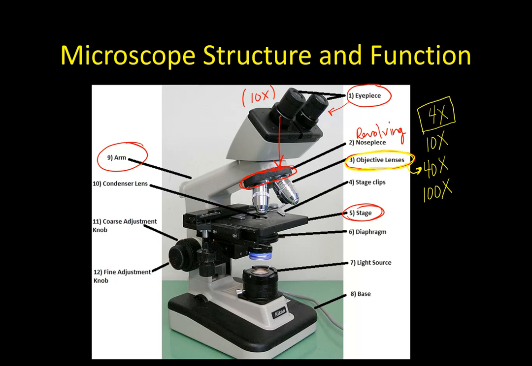In the video with the cartoon, you saw the stage knobs here. They basically move your slide front and back, away from you or towards you, and side to side, okay? Left to right and front and back, anterior and posterior.